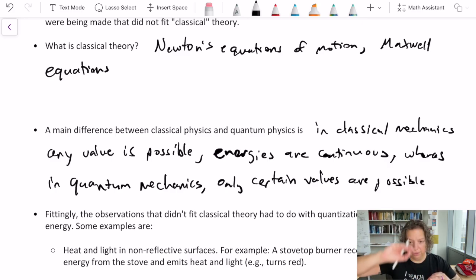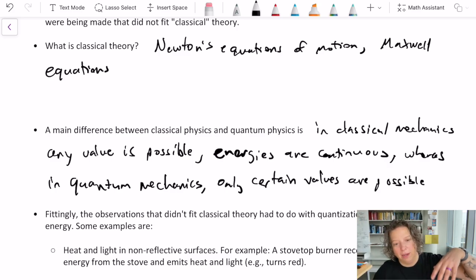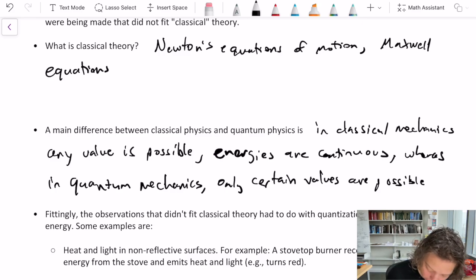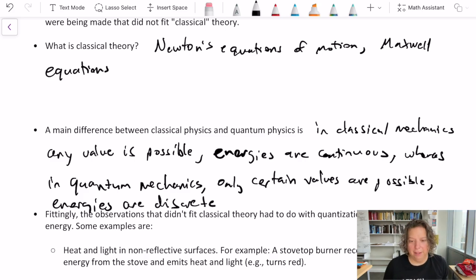It's either in 1s or 2s or 3s or 2p, and all of those have different energies, but there's no continuum. There's no room or space in between 1s and 2s, for example. You're either in one or the other. So energies are discrete; they're quantized.